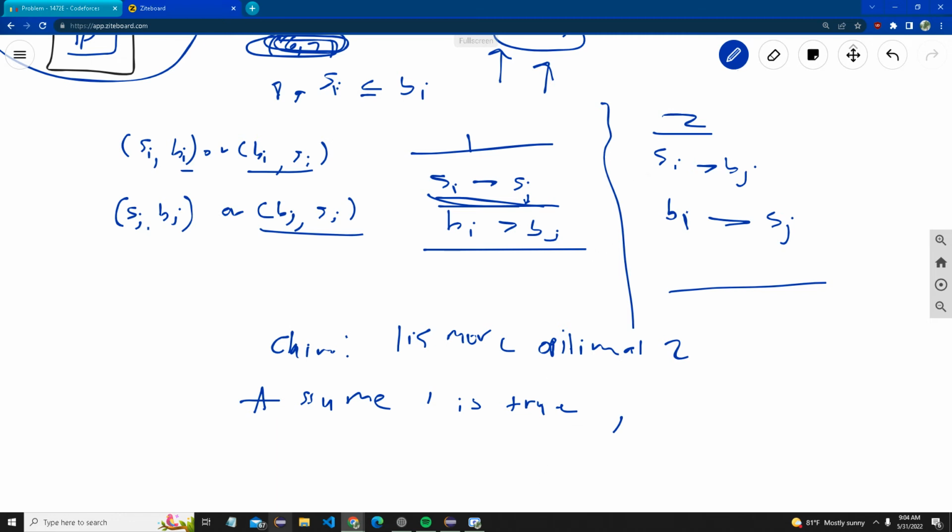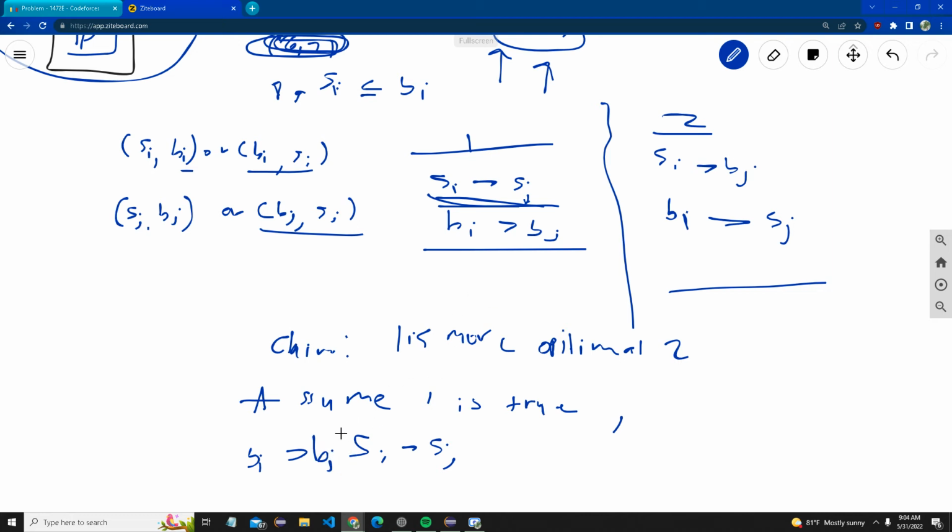So if you assume one is true, you get the statement S sub i is greater than S sub j, and B sub i is greater than B sub j.